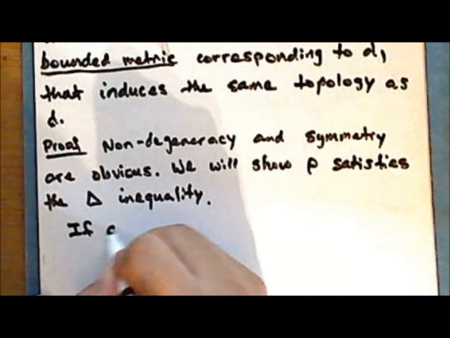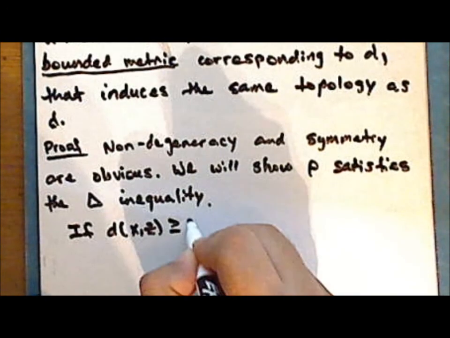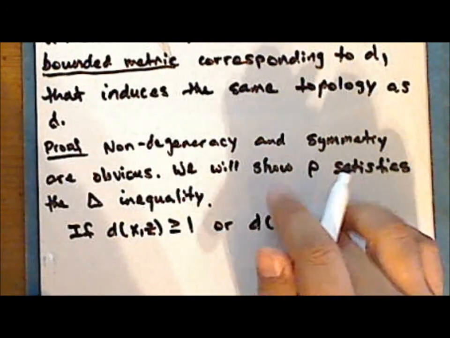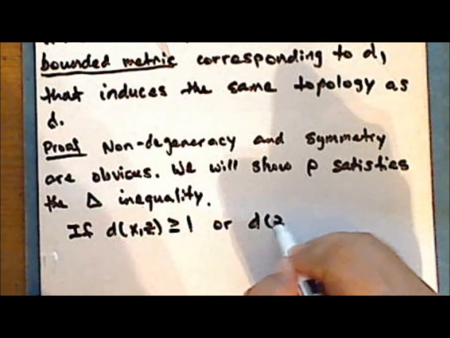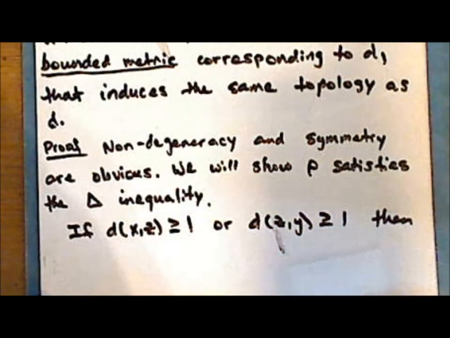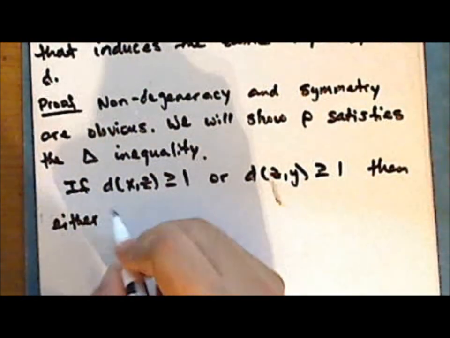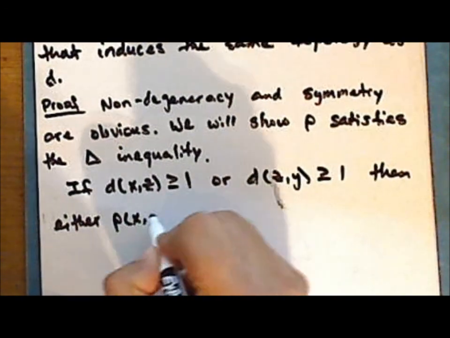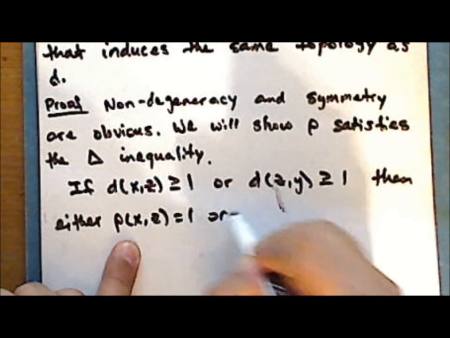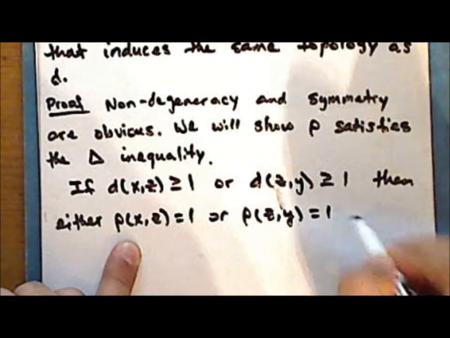If the distance from x to z is greater than or equal to 1, or the distance from z to y is greater than or equal to 1, then either rho of xz is equal to 1 or rho of zy is equal to 1.